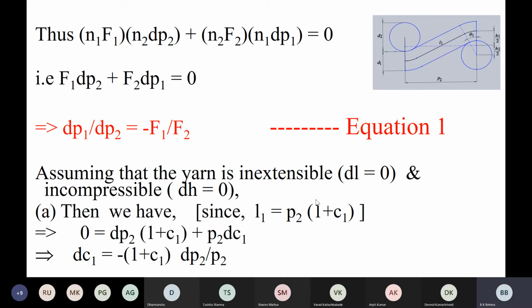Then we know L1 is equal to P2 into 1 plus C1, our first Peirce geometry equation. Substitute the value and differentiate it. dL1 will be dL, which is 0. Differentiating, we get dP2 into 1 plus C1 plus P2 into dC1. So dC1 will be minus 1 plus C1 into dP2 by P2.